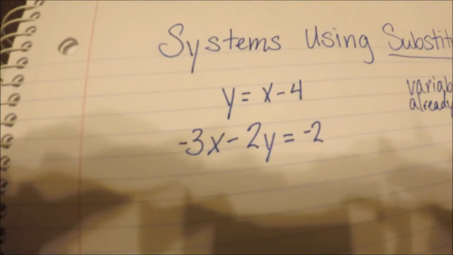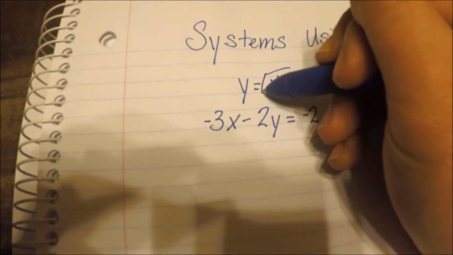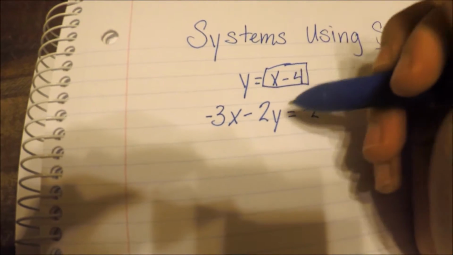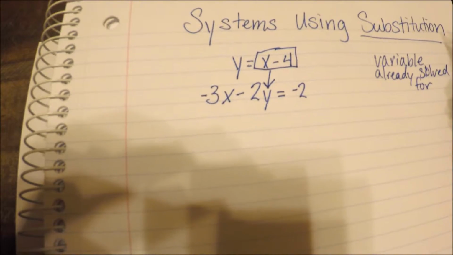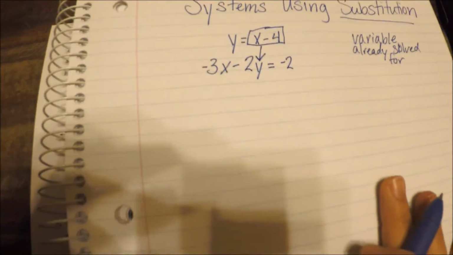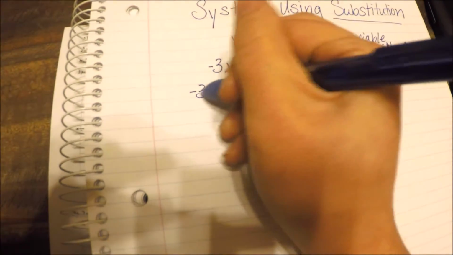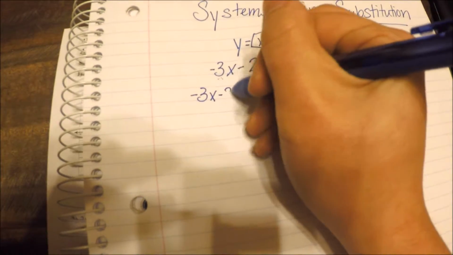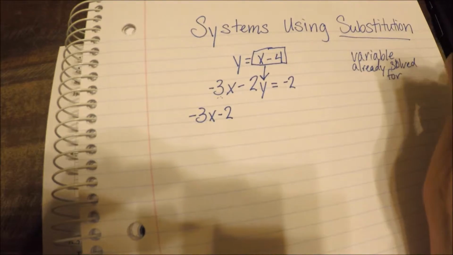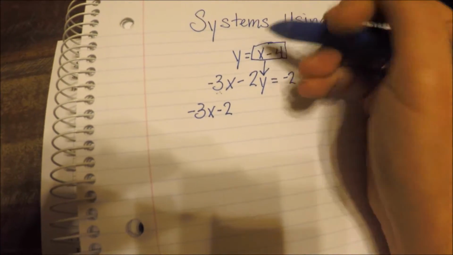So if I look, I have y equals x minus 4. I'm going to take this x minus 4 and plug it in for that y in the second equation. Let's see what that looks like rewritten. I start off with negative 3x, just like the second equation, minus 2. But instead of saying y, I'm going to plug in this x minus 4.